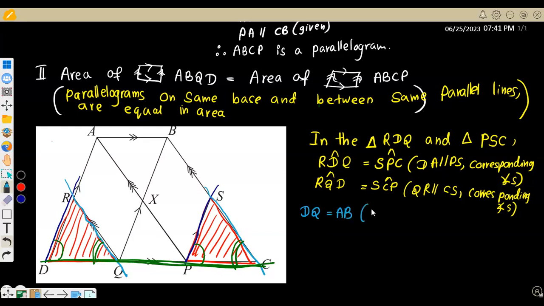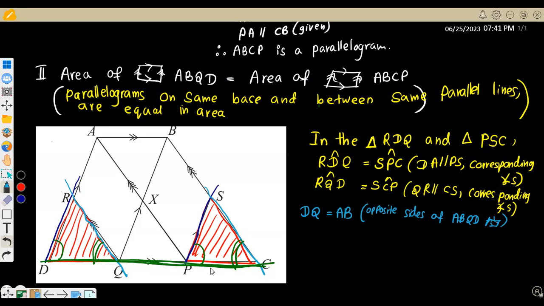So you can write: opposite sides of ABQD parallelogram are equal. Okay.